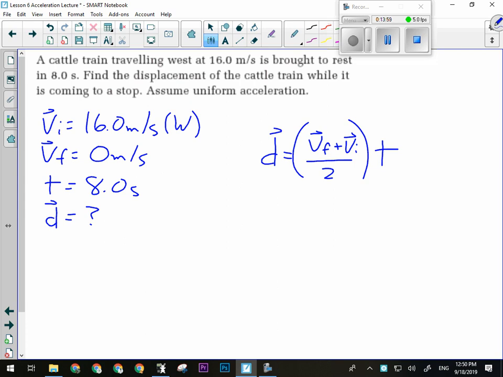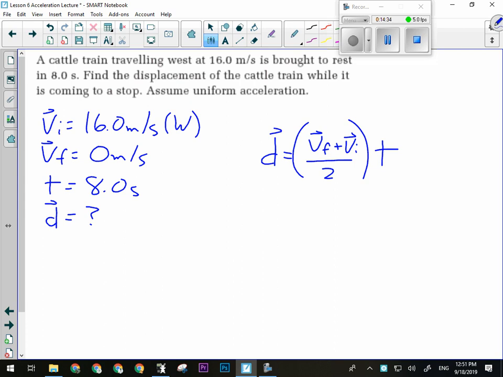We write down our givens so that we can figure out which formula to use. I can't use any of the formulas that have acceleration in them because we don't have acceleration. Sure, I could calculate acceleration using another formula and then use another formula to calculate displacement. But why would I do a question in 2 steps that I could do in 1? The answer is you wouldn't. But if you did it in 2 steps, you could still get the right answer. It would just take you longer. And on an exam, you don't want to take longer doing stuff.